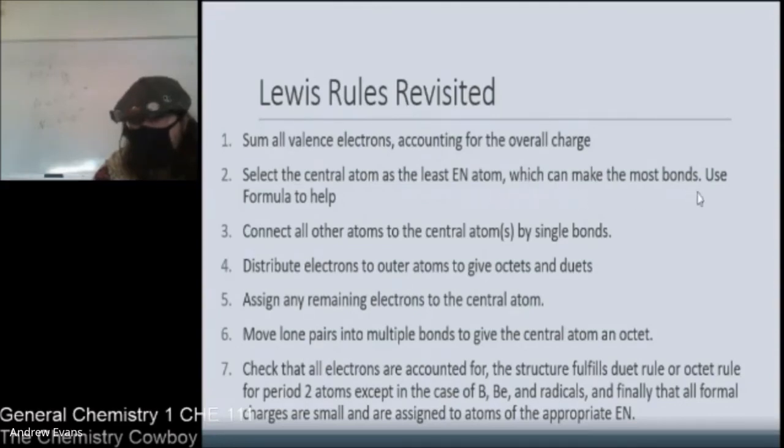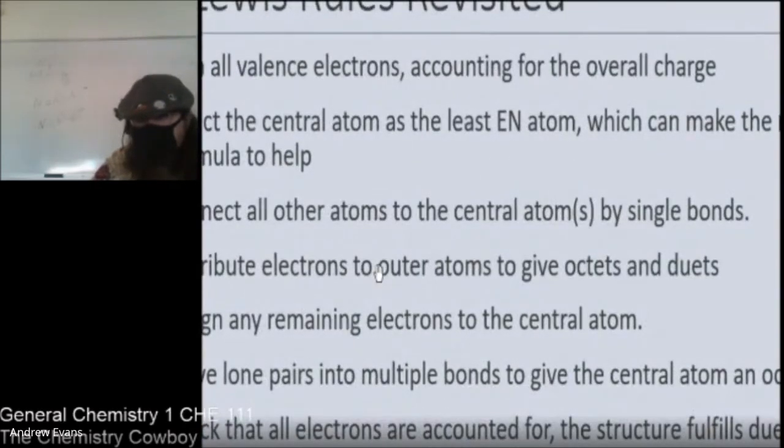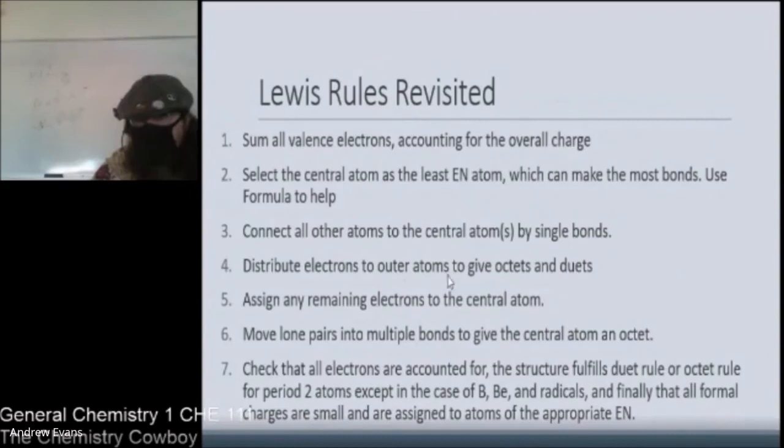Once again, the formula is the key. Connect all other atoms to the central atom by single bonds. Distribute the electrons to the outer atoms to give an octet or duet whenever needed. Put any remaining electrons on the center atom. All that's straightforward. Move lone pairs to give multiple bonds, to give our central atom an octet.